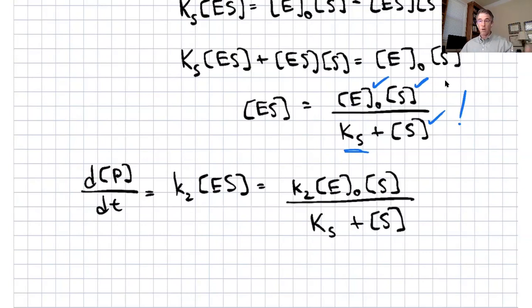Whoa, that's amazing, right? Because now I can specify my change in the concentration of product with time in terms of things I know how to measure. But notice something. This is change of product with time. Is there anything on the right side of this equation that's a function of time?